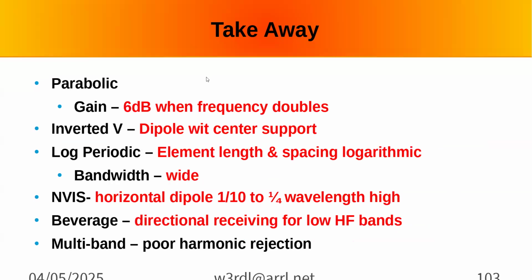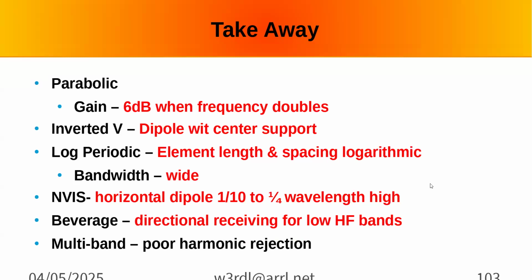Circular polarization, parabolic antennas, we get a 6 dB gain for every doubling of frequency. Inverted V, basically a tenth of a wavelength up to a quarter. You get a very high radiation pattern.